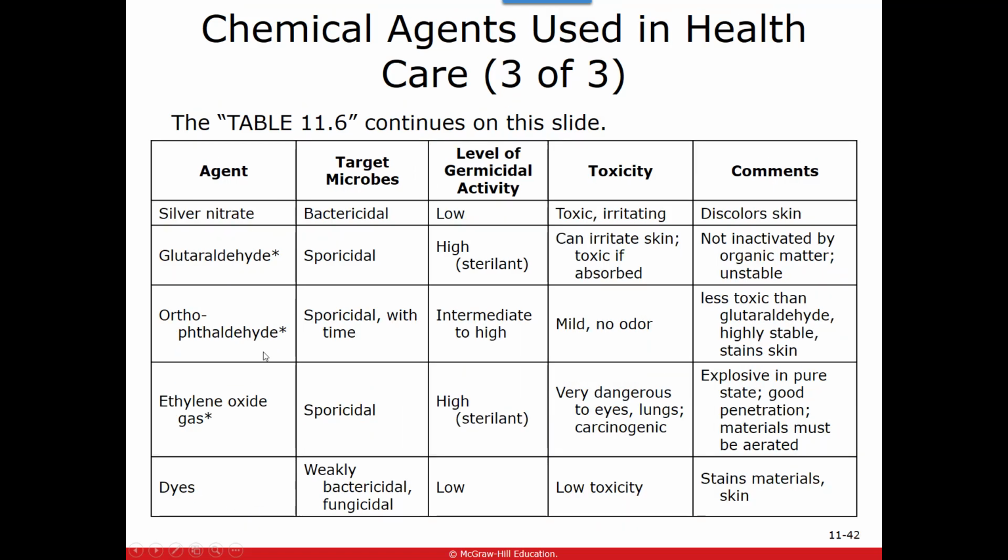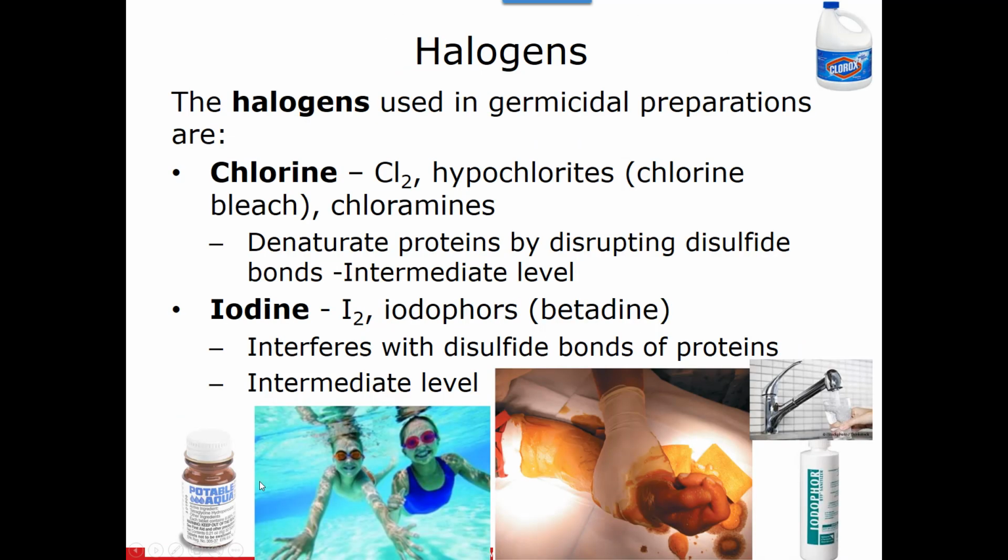So going over some of the chemical ones, common ones are halogens. Halogens are very common germicidal agents that are used. The most common ones are chlorine and iodine. And so you can see that we use chlorine in various pools. We can use it to make water drinkable.